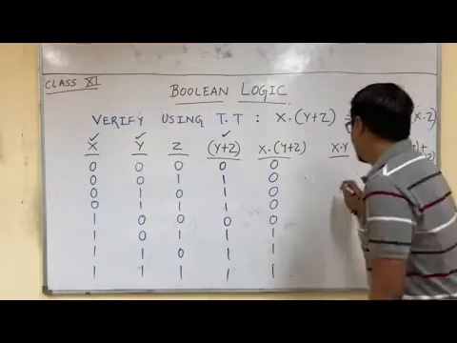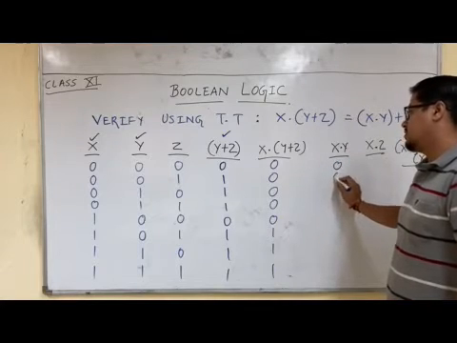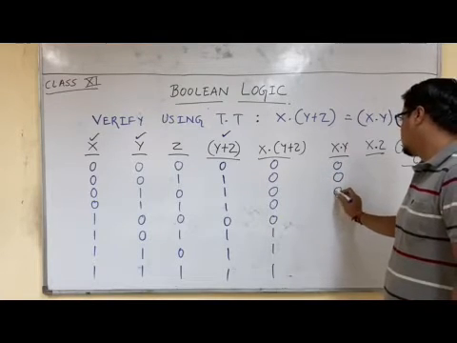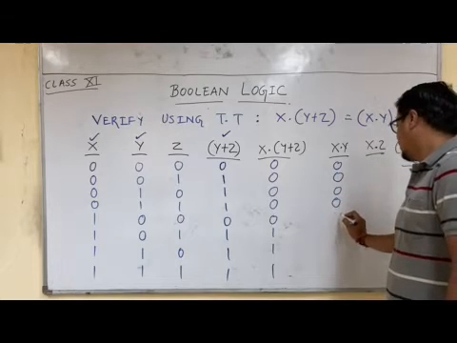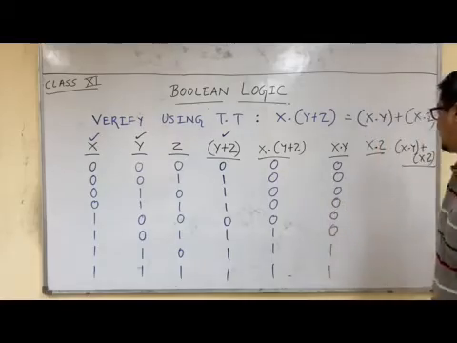X dot y, we will do it carefully. 0 0 0 0 0 0 0 1 0 0 1 0 1 0 0 1 0 0 1 1 1 and 1 1 1.